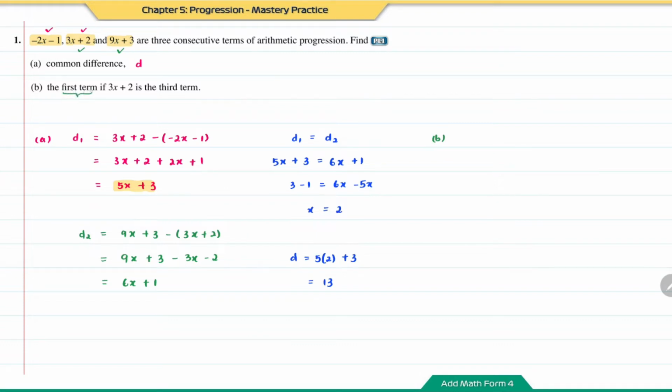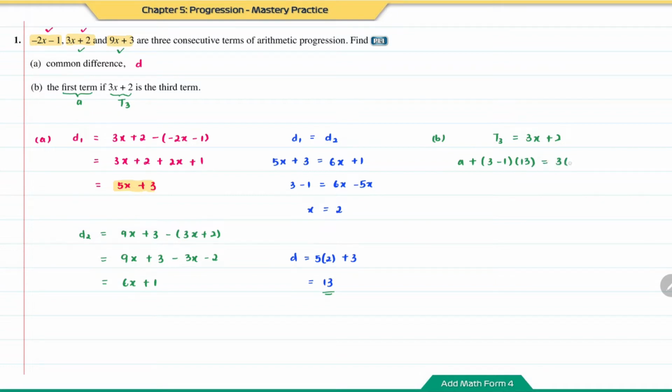The first term, which is the a, if 3x plus 2 is the third term. So here we know that the third term is equal to 3x plus 2. To find the third term, we can use the formula a plus n minus 1 d. Here the n is going to be 3, so n minus 1 is 2, and the d is equal to 13.